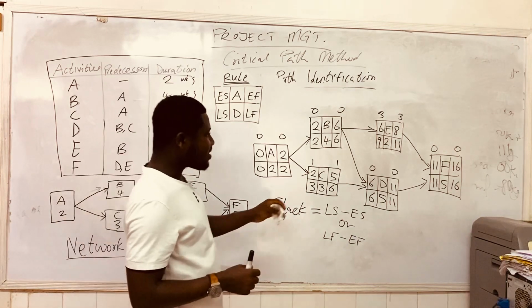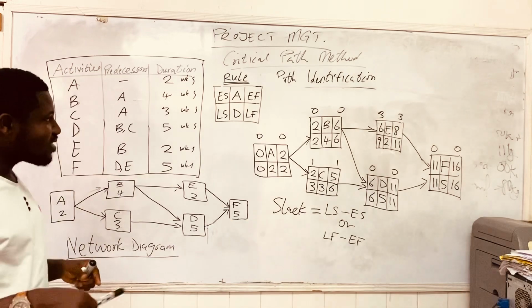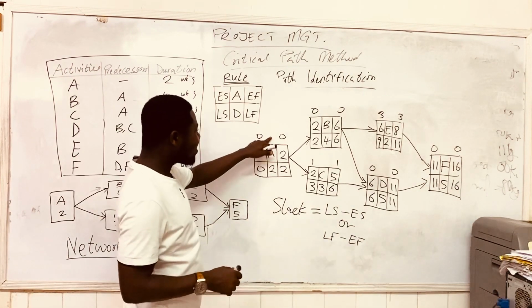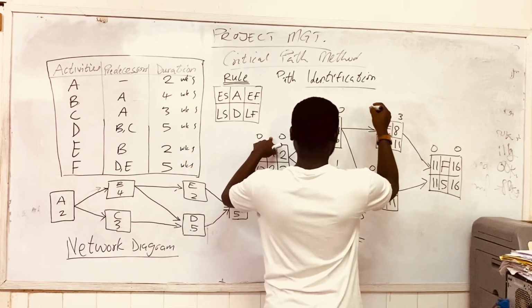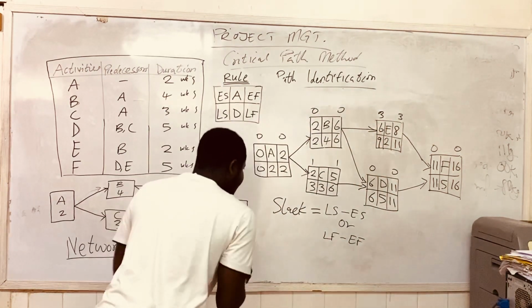And so using our slack to calculate which activities are our critical activities, you could see that A had 0 slack.